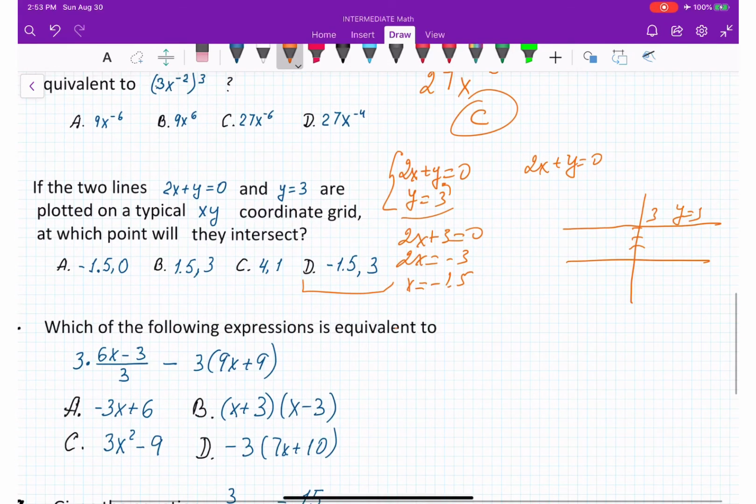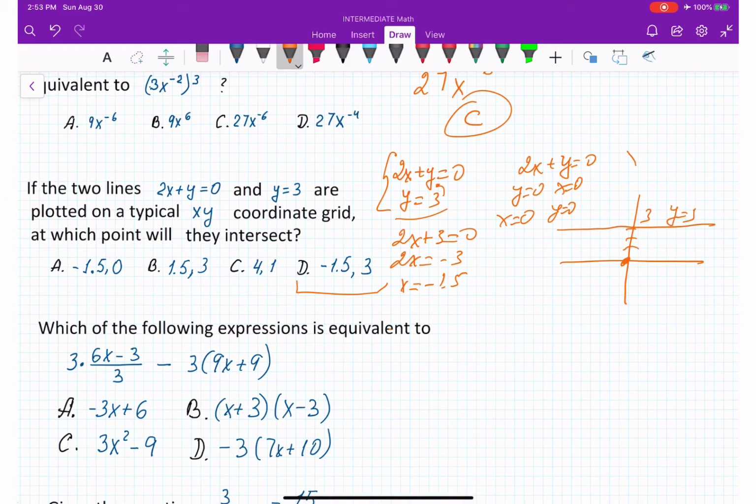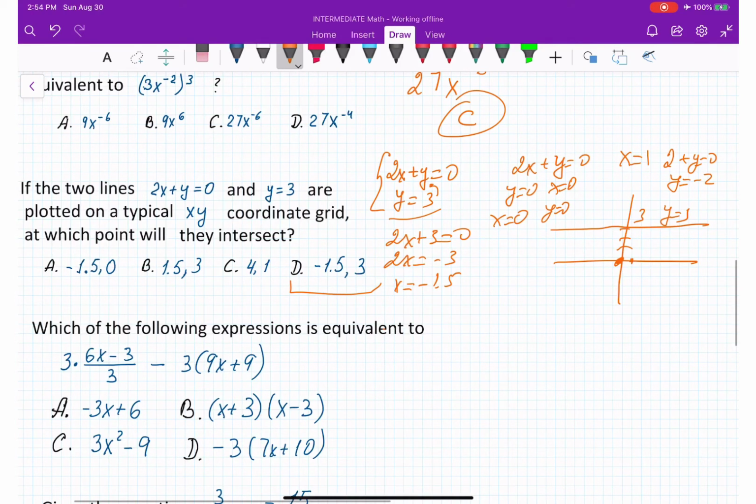I'm going to build it by the method of intercepts. If y is equal to 0, x is going to be equal to 0. If x is equal to 0, y is equal to 0. So I end up with the same point. In cases like that, we take one more point. Let's say I'm taking x is equal to 1. I'm getting 2 plus y is equal to 0, so y is equal to negative 2.